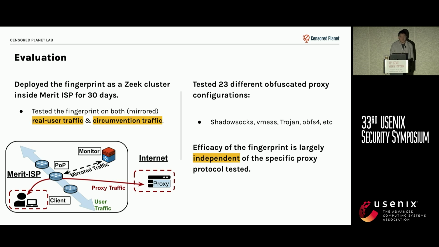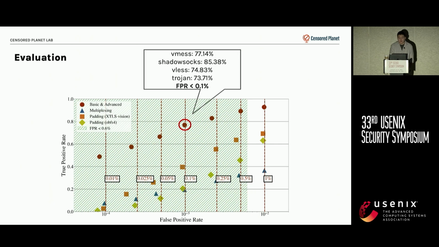First of all, I want to point out that the fingerprint's effectiveness is largely independent of the cover protocol used, which is expected because we are not looking for covers, but for the signature of tunneling itself. So every obfuscated proxy protocol we tested by default was vulnerable to the fingerprint.